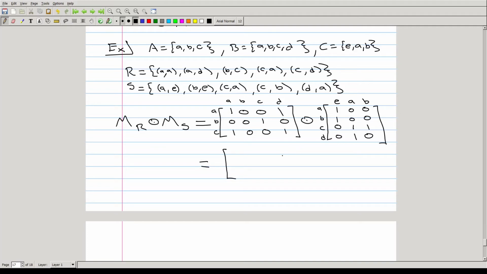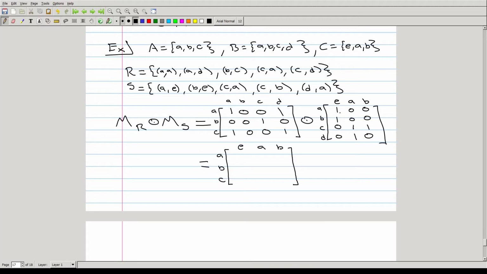And so the resulting matrix that we end up getting: the rows are going to represent A, B, and C for the set A. The columns are going to represent C, which is E, A, and B. The A-E entry is going to be this and this, or this and this, or this and this, or this and this.